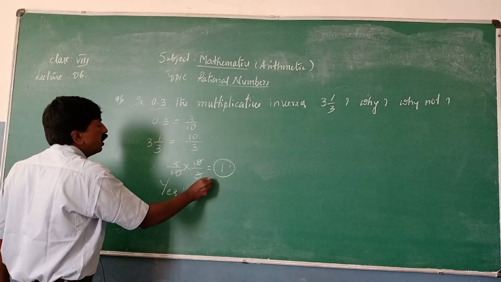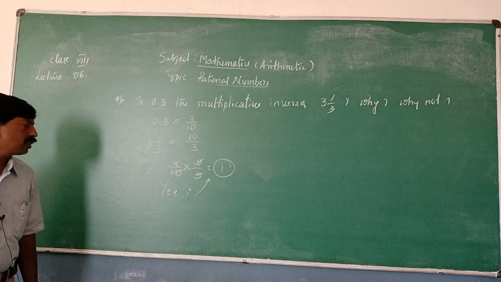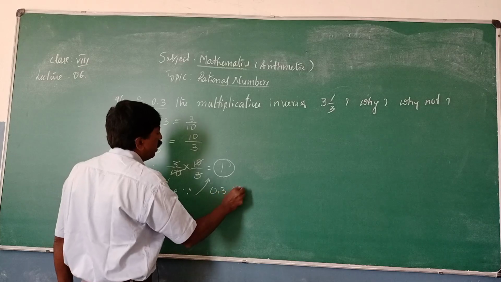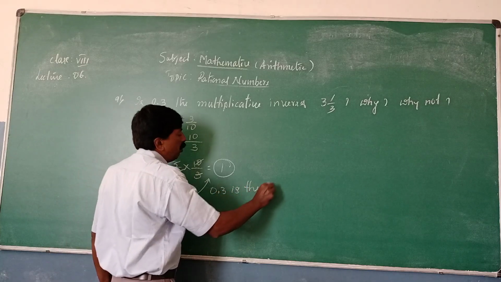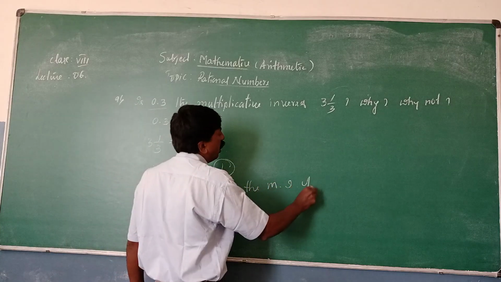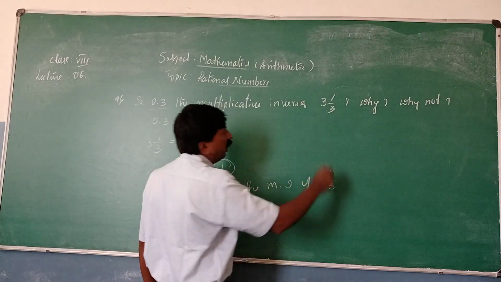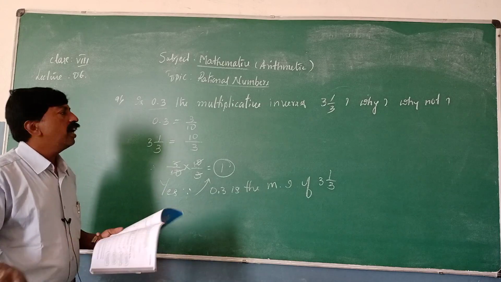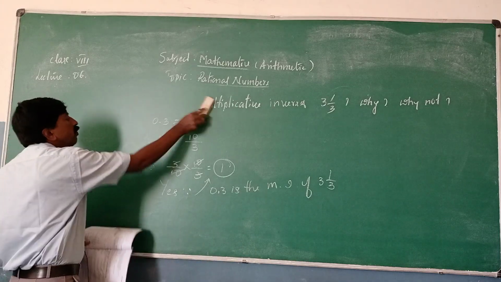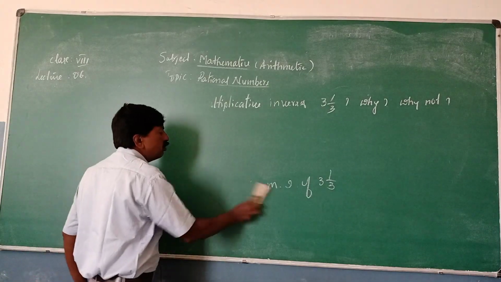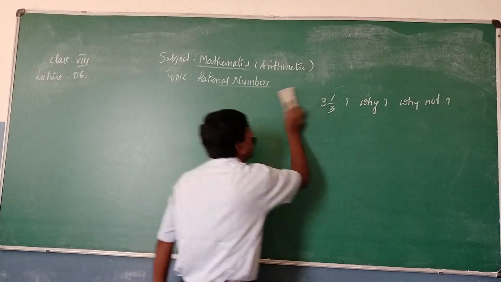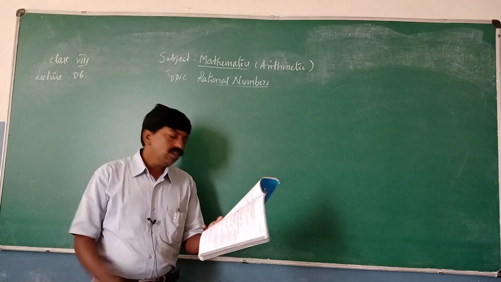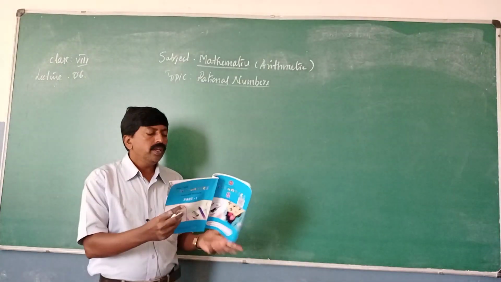Its product is plus 1. Yes, 0.3 is the multiplicative inverse of 3 1 by 3. So all these questions carry 1 mark. You can remember. Also the questions will be framed in objective form, so these problems will help you.